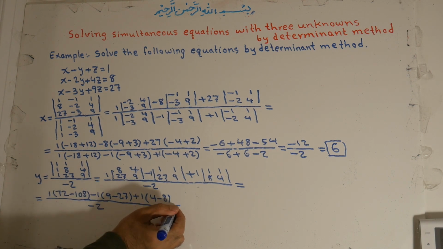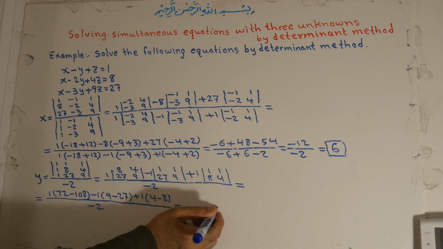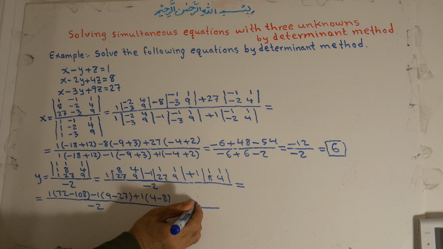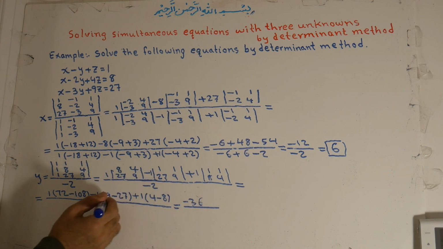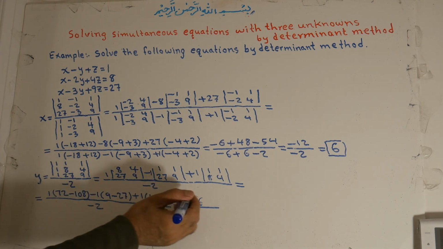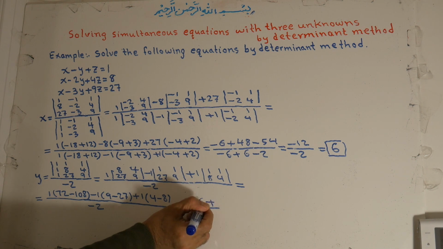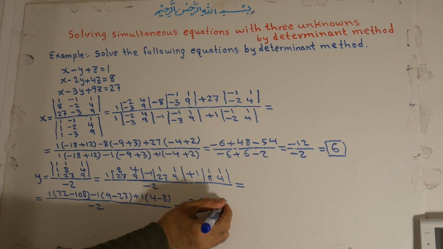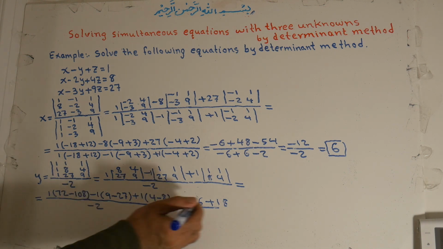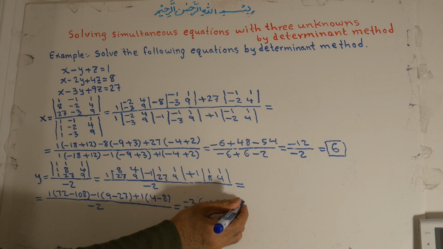And that is equal to 72 minus 108 becomes minus 36. 9 minus 27 is minus 18, minus 18 times minus, negative times negative, positive 18. And 4 minus 8 is minus 4. Minus 4 times positive 1 is minus 4, over minus 2.